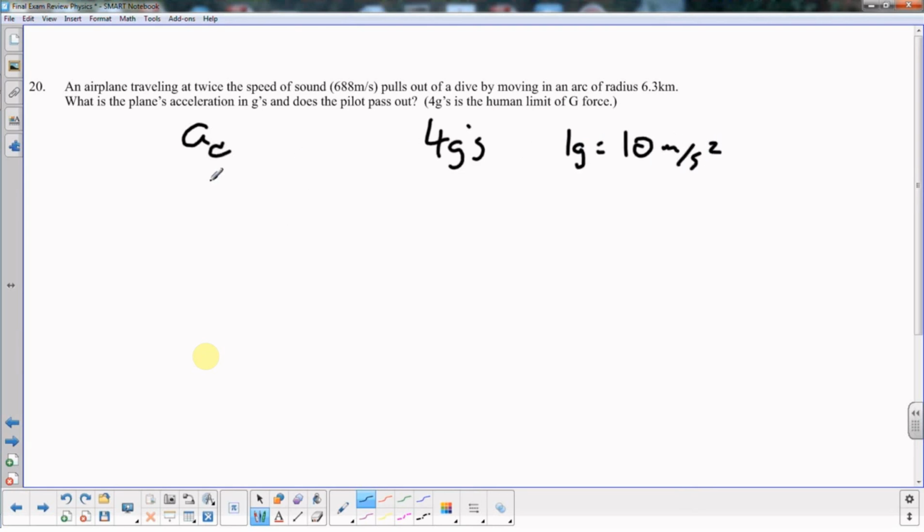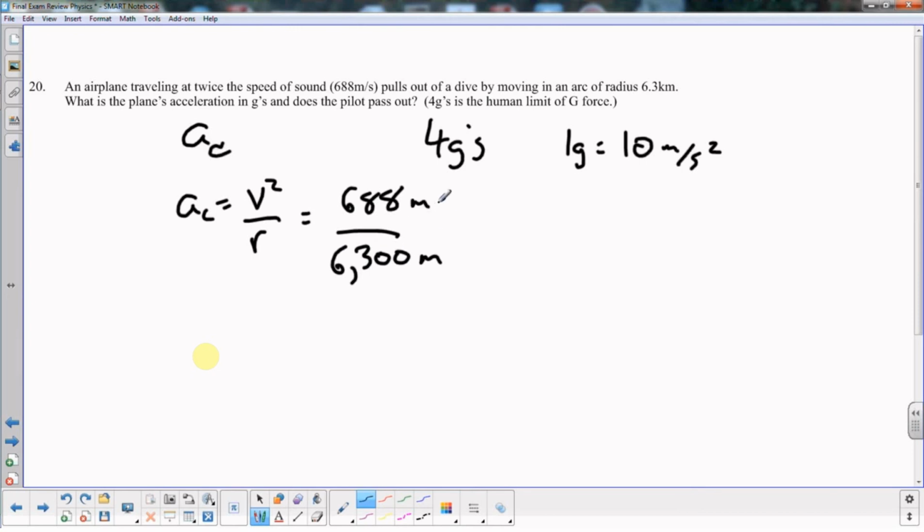So triple acceleration, which is what we're figuring out, equals V squared over R, which is 688 over R, 6,300 meters. Remember, this has to be meters, not kilometers. So you got to change that, multiply it by 1,000 to get kilometers back into meters.